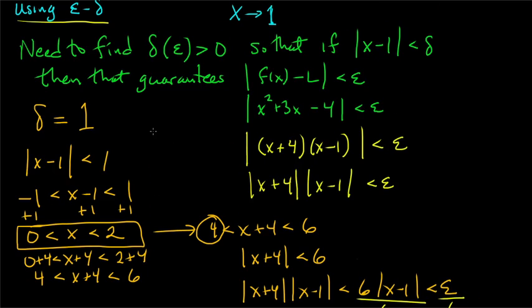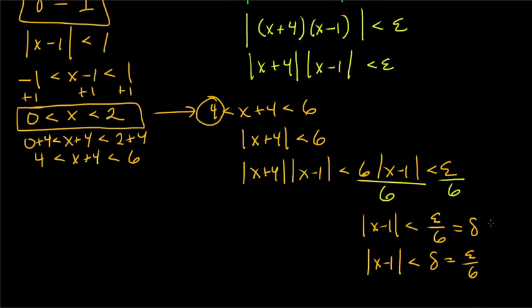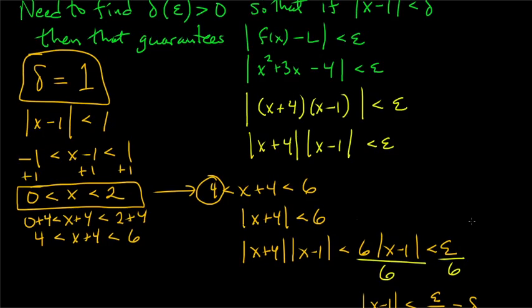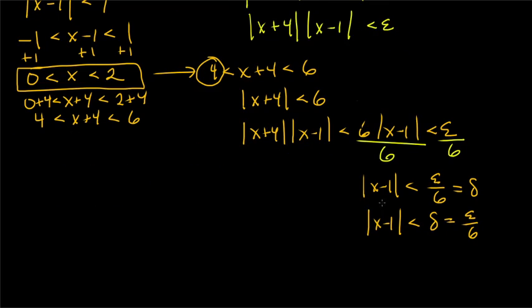Now wait a minute. Didn't I say earlier that delta is just 1? Well, it could have been 1. I mean, that was my choice. But using this argument, it's pretty clear that we want delta to be epsilon over 6, depending on what epsilon is. So I want delta to be as small as possible.